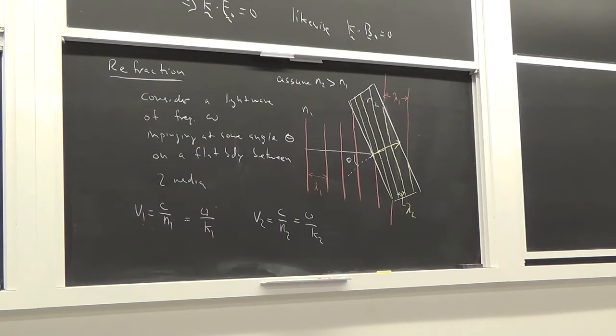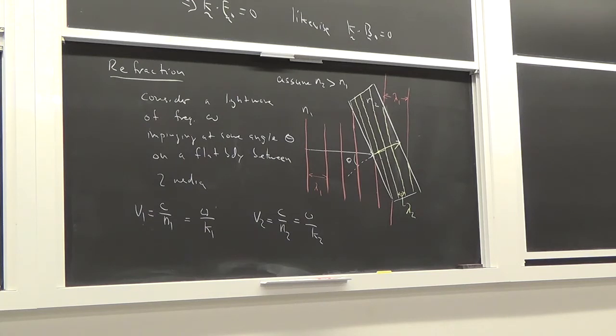So this is the incoming wavefront. Okay, and then it's got some wavelength, so it goes up to, say, here. So these are two wavefronts of the incoming wave hitting that transition at an angle. And let's see, if I were to draw a perpendicular to the interface, then the incoming wave is coming in at angle theta.